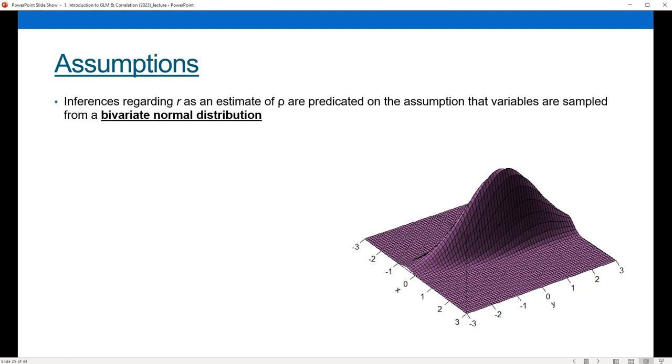Okay, and so what we're looking at is random variable X, random variable Y, but in terms of making sure that my inferences regarding that Pearson correlation as an estimate of the population coefficient hold, our basic assumption is that our variables are sampled from a bivariate normal distribution.